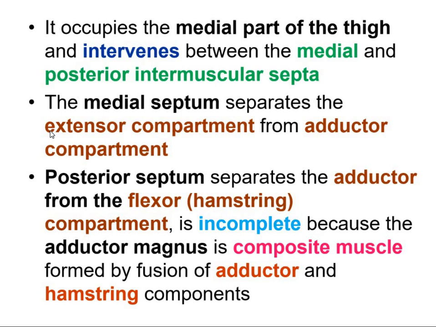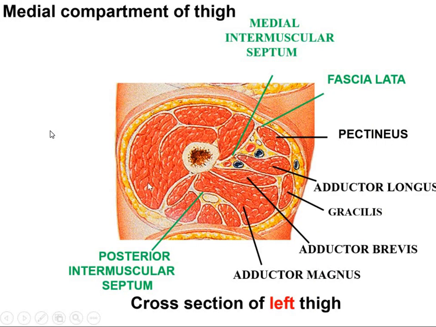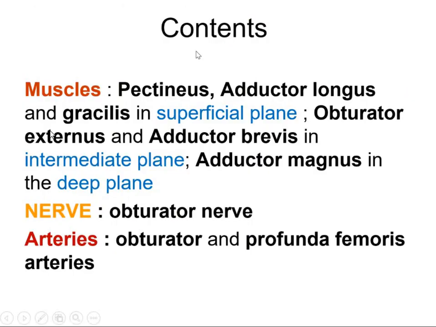So we have this incomplete septa so that the muscle can pass to both compartments. If you see the cut section of the femur again, here we have the medial compartment, and here we have the posterior compartment, and here we have the anterior compartment, and this septa is dividing all three compartments.